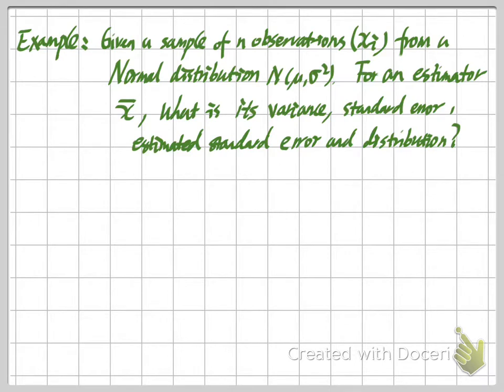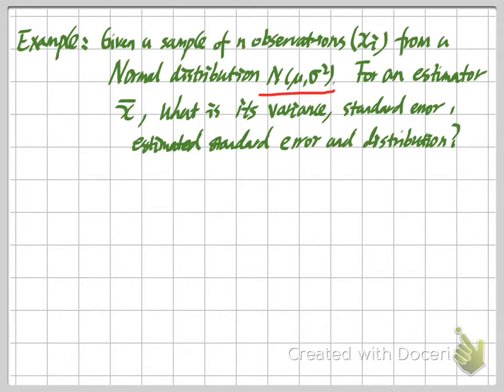Here we have a population that follows a normal distribution, with mu as its mean and sigma squared as its variance, the population variance.